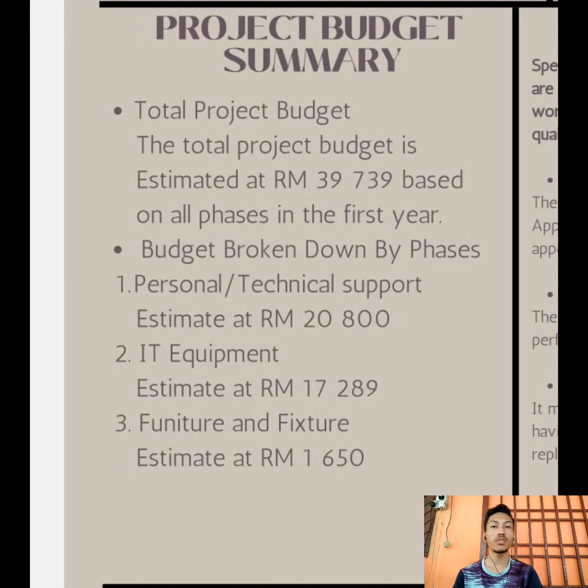The second phase is IT equipment, which we estimate at 17,289 ringgit, and the third is furniture and fixtures, which we estimate at 1,650 ringgit. So the total for all phases is 39,739 ringgit. So that's all.